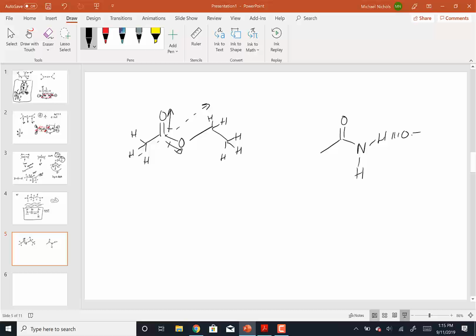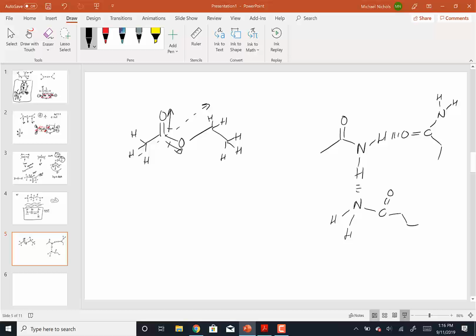You could have it attached to the carbonyl of one molecule, and maybe this hydrogen would be attracted electrostatically to the nitrogen of maybe another amide. But either way, those NHs can be hydrogen bonded to another atom, an O or an N. So in this case, hydrogen bonding is possible. And so given approximately the same molecular weights, this one's going to have a higher boiling point.